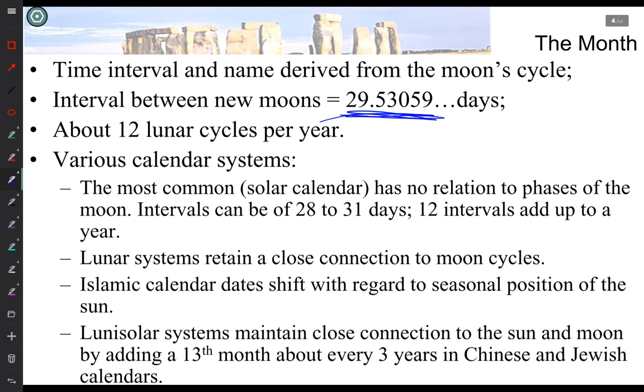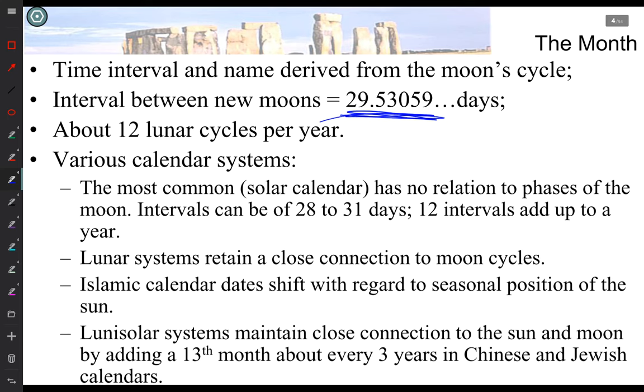Our calendar is not, strictly speaking, a lunar calendar. It's based with months being similar to the lunar period, but it's not the same. Some calendars are absolutely lunar. So, we have like the Chinese New Year. You ever get confused on when the Chinese New Year comes? Yeah, it's really confusing to me.